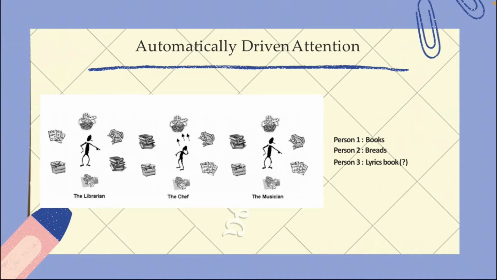Next is automatically driven attention. Based on research from Roscoe, Wilson, and Folzo, the focus of someone's attention is directed towards objects associated with one's attitude, and it can differ between individuals.